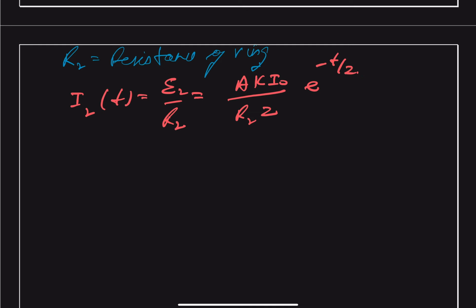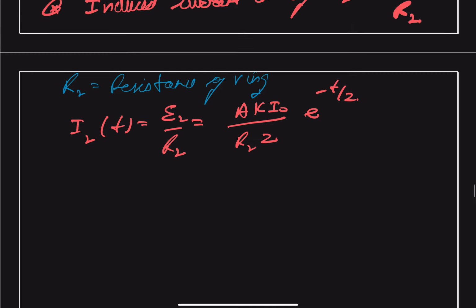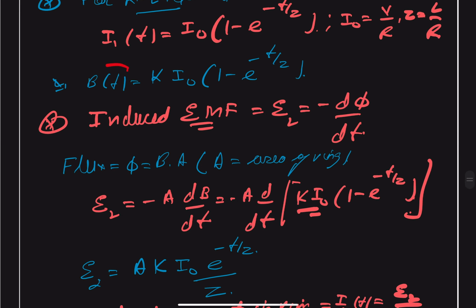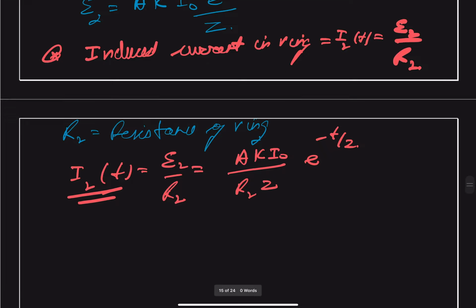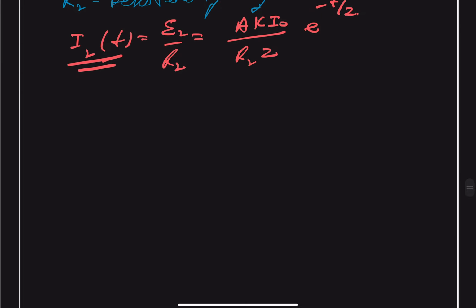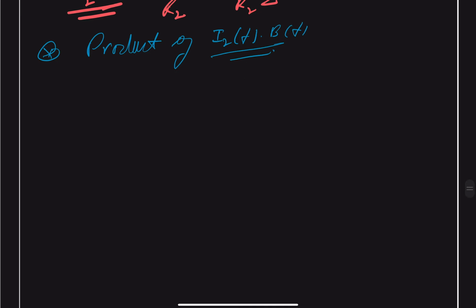And we need to find out the product. We found our I2, and we have also calculated our B of t. So we are interested in the product of I2 of t times B of t. We simply substitute the respective equations.